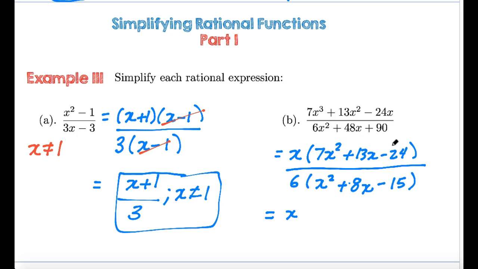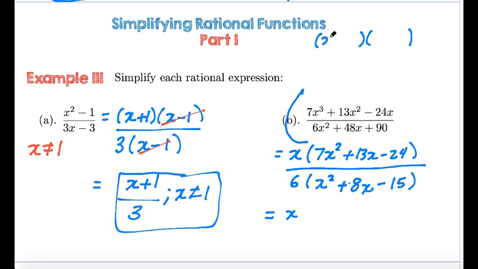Essentially what you're looking for here is, if I came up here, I would say, okay, two numbers that multiply to be 7 times 24. I'm looking for two numbers that multiply to be negative 168, add to be 13, and I had 21 and 8.